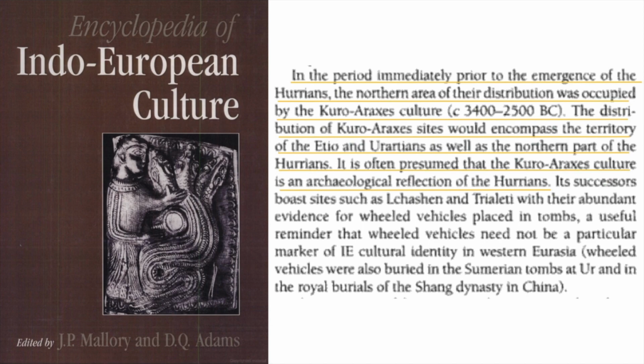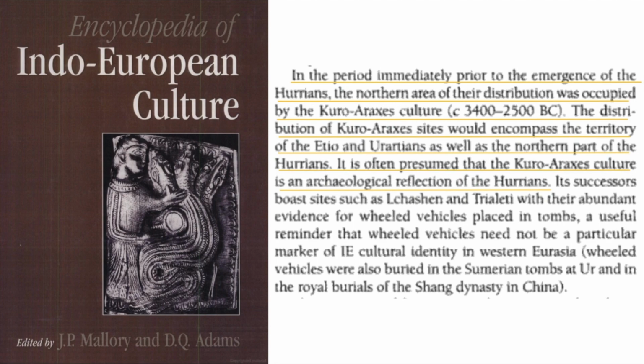In this period immediately prior to the emergence of the Hurrians, the northern area of their distribution was occupied by the core Araxes culture, circa 3400 through 2500 BC. The distribution of core Araxes sites would encompass the territory of the Hurrians and Urartians, as well as the northern part of the Hurrians.